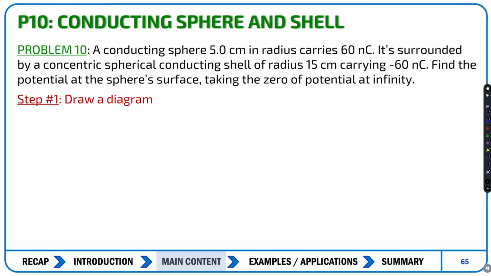Okay, so in this case, we do need a diagram, just so that we know what we're talking about. We have a solid conducting sphere that's 5 centimeters in radius. And then you have a shell.